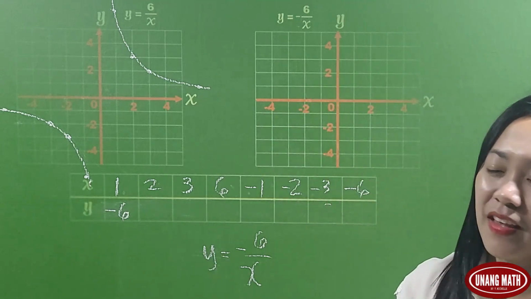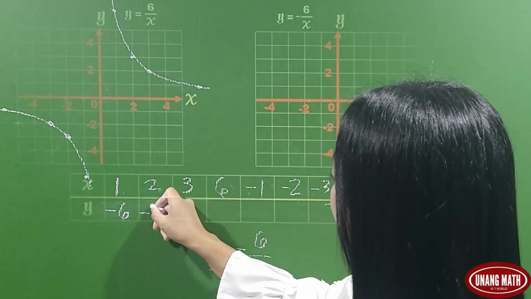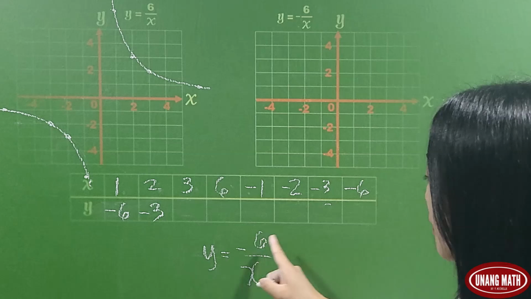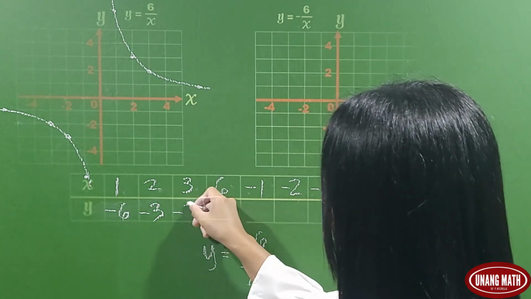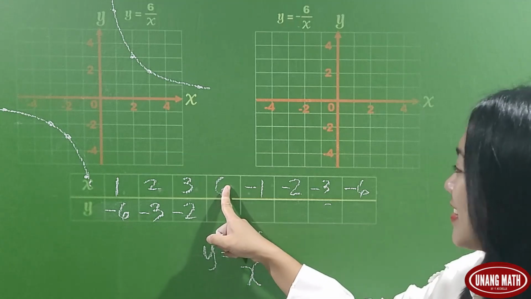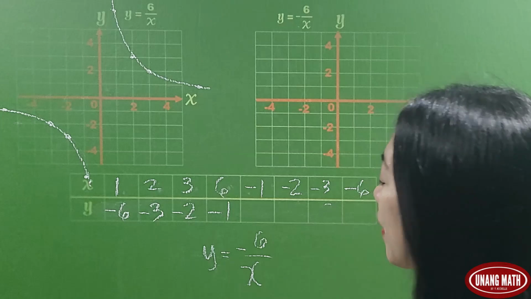So y is negative 6. If x is 2, then y is negative 3. What about if x is 3? So negative 6 divided by 3, then this is negative 2. And if x is 6, then negative 6 divided by 6, that's negative 1.